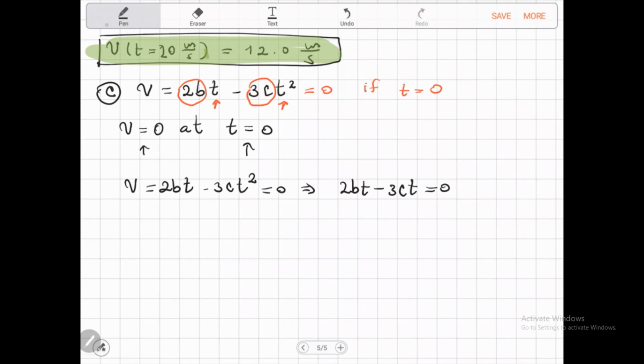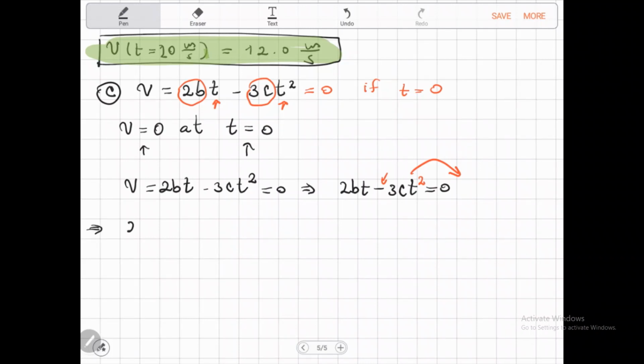So what we do here is we take this term that is subtracting and add it on this side of the equation. We clear the variable we are looking for. So we move this term 3ct squared to this side of the equation, and what we are going to get is this.